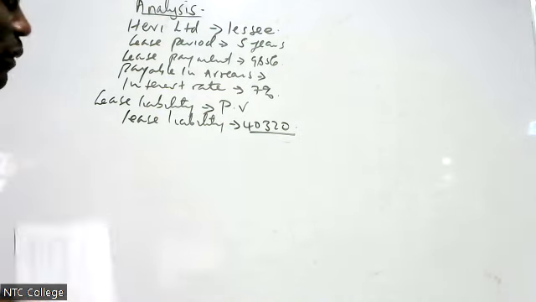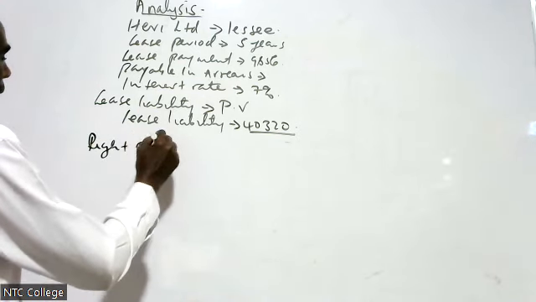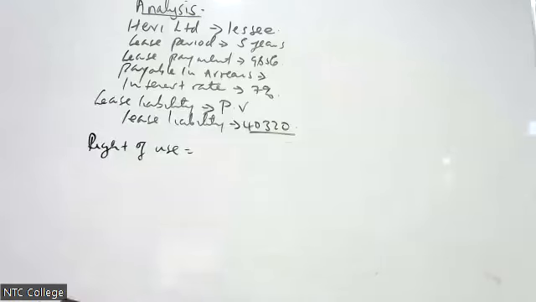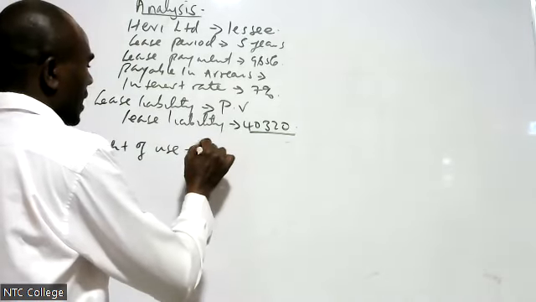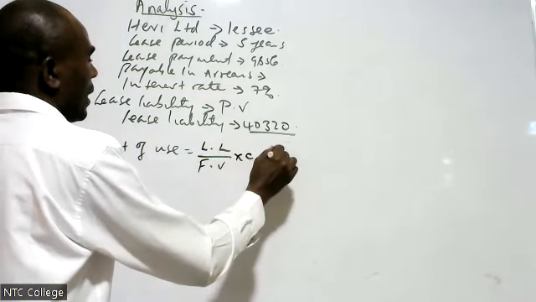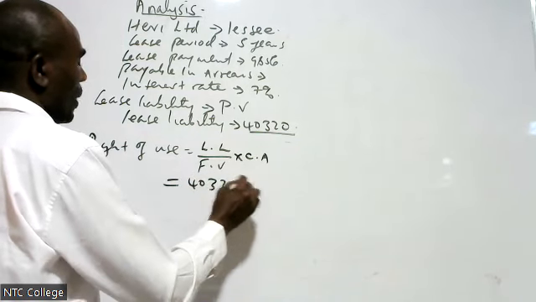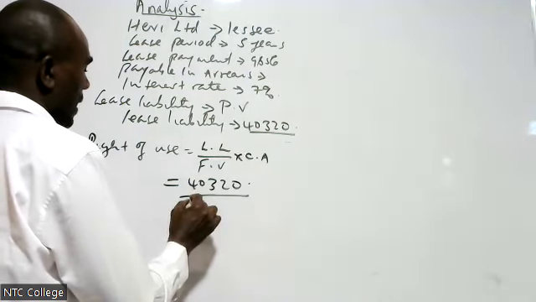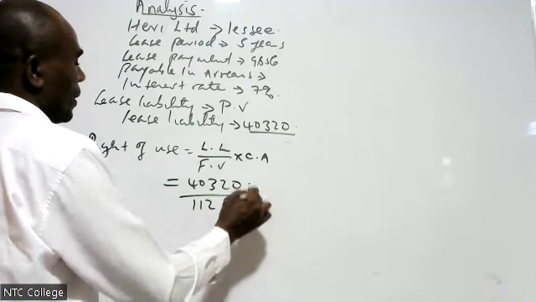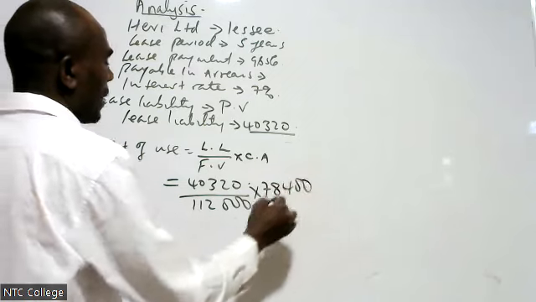Then we get the right of use, which we are going to get as a proportion of the previous carrying amount. Therefore, I take the lease liability of 40,320 over the fair value of the asset, which was 112, then we multiply by the carrying amount, which was 78,400.